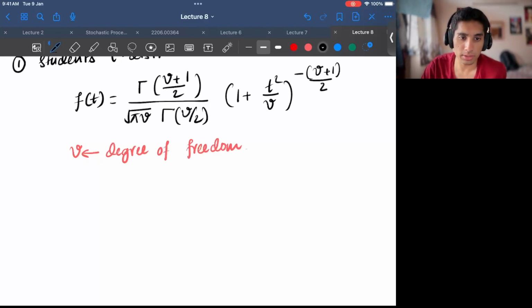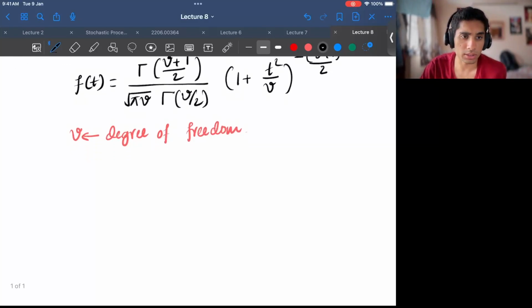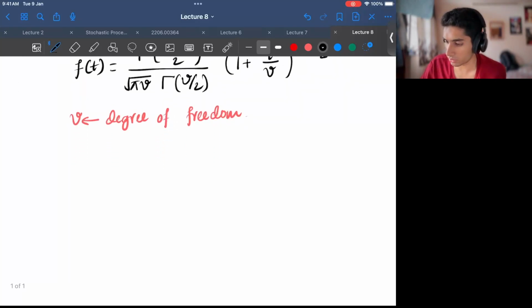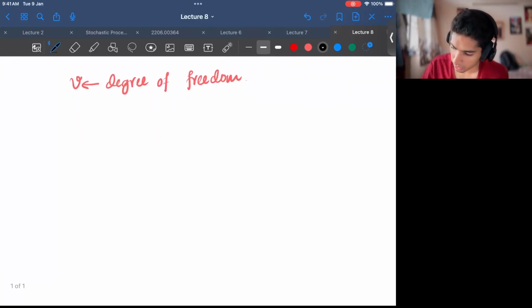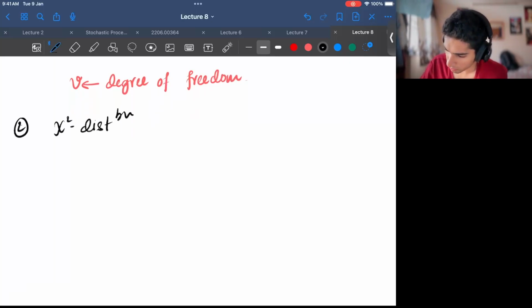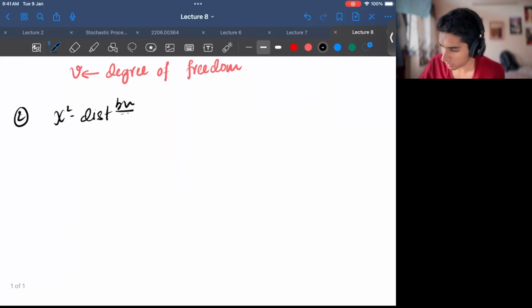Then the other distribution that is going to be important to us is the chi-square distribution, right?